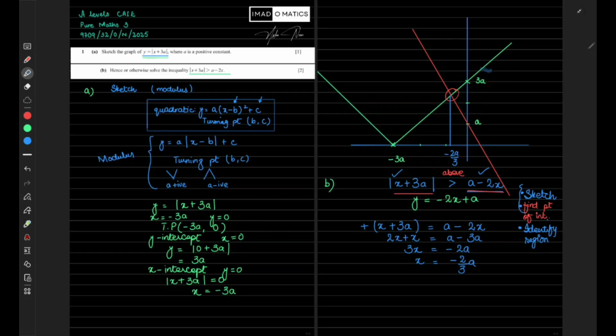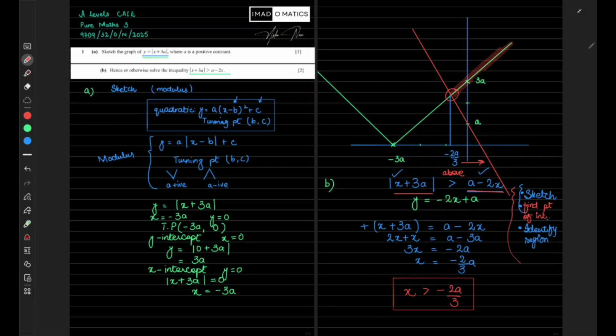So in this part, the modulus curve is above the line. Everywhere else it is below the line. So we write the inequality for this right-hand side part: x is greater than minus 2a over 3.